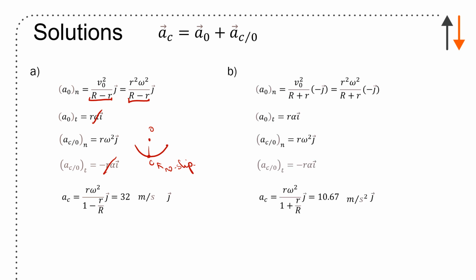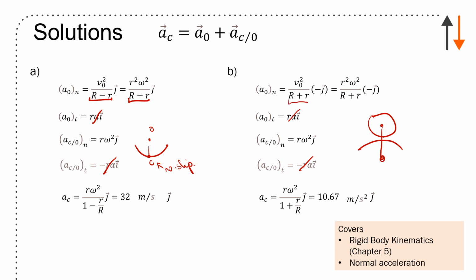Same thing happens over here, but the difference is that now you have a radius of curvature that goes all the way down. It's at the outside. You still have the same thing: tangential acceleration at O is r alpha, and it's minus r alpha here. And so the tangential component at a point of no slip cancels, and that's a definition. If you look at those videos again, you'll see that.